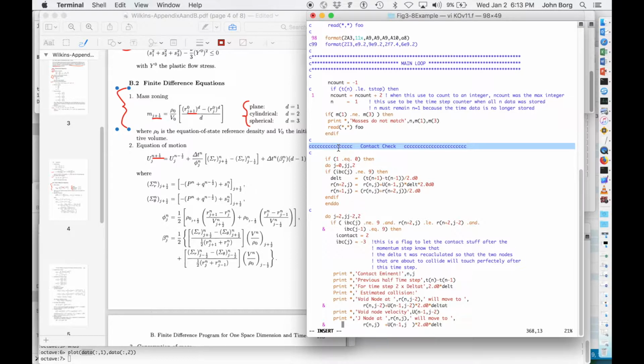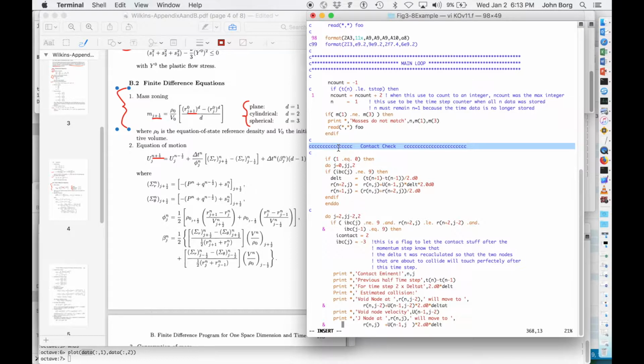When the two materials hit, I eliminated one of the surface nodes and then joined those two materials together. In other words, the rightmost node of the flyer would begin to communicate with the leftmost node of the target.